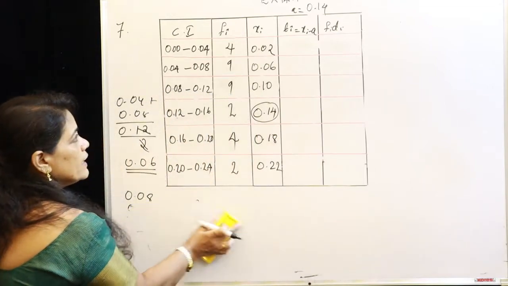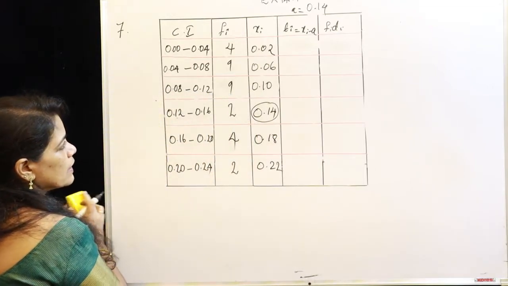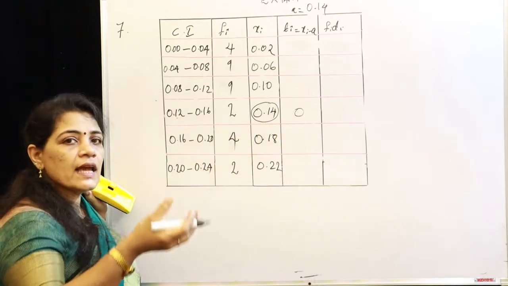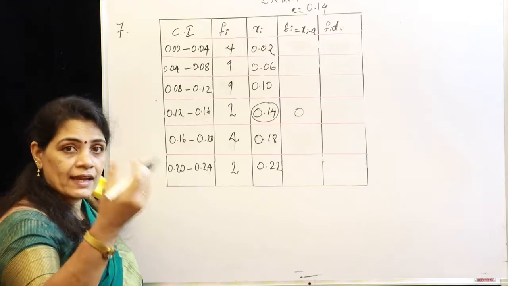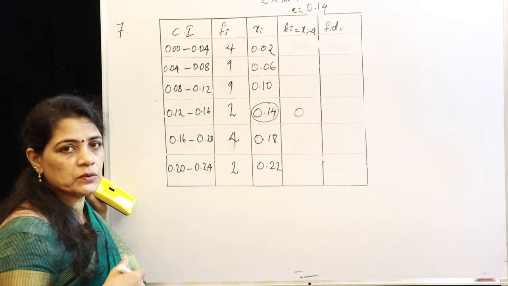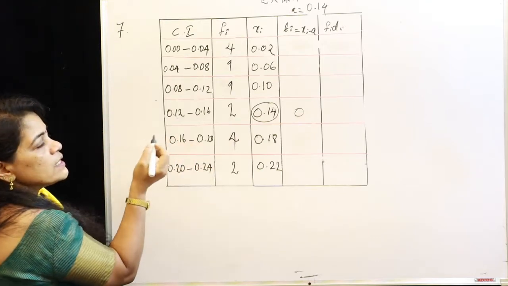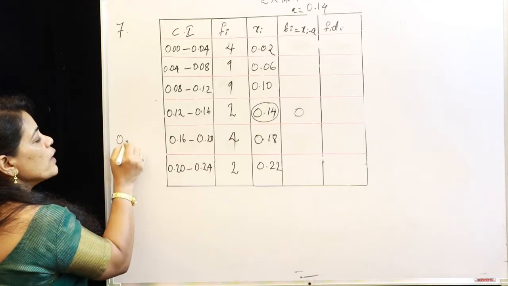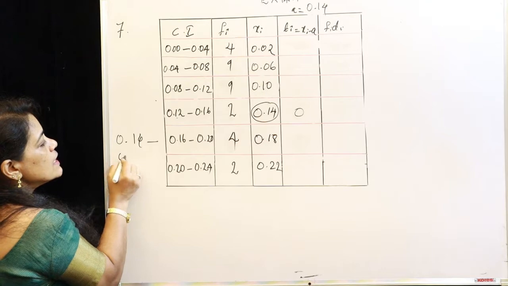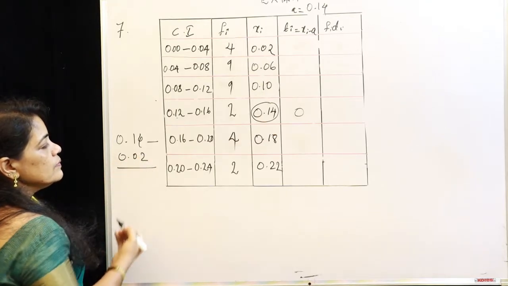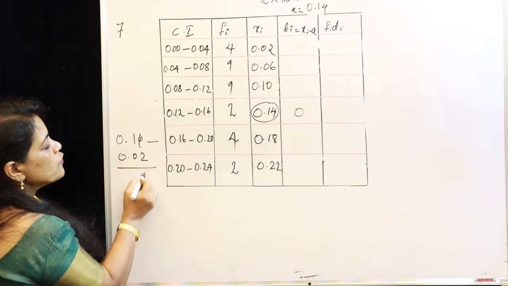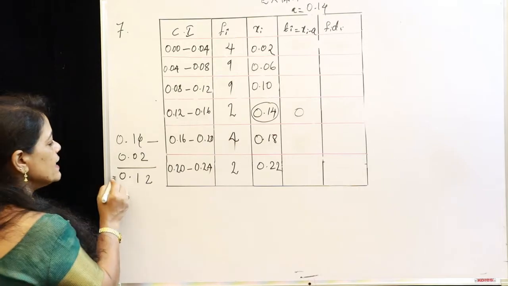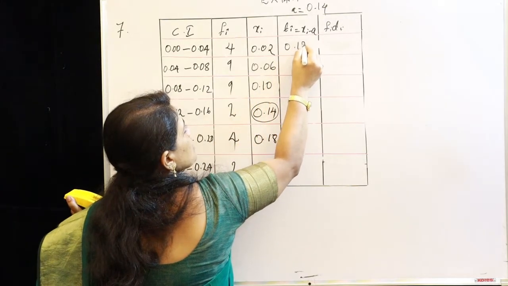The entries above the 0 will be negative and after the 0 all are positive. So 0.02 minus a: a is the bigger number, so 0.14 minus 0.02 with a negative sign gives negative 0.12.